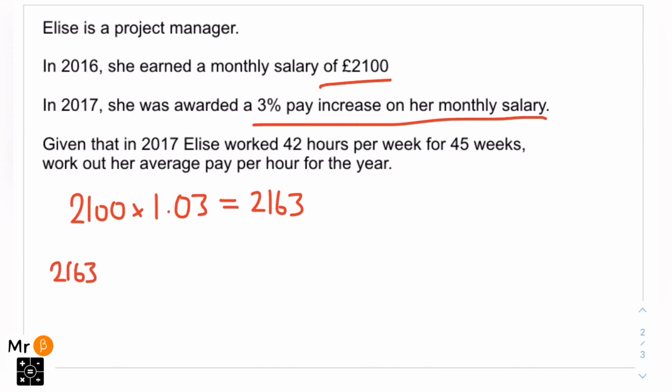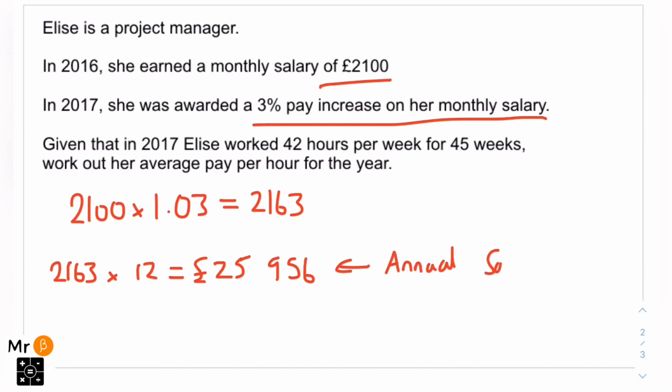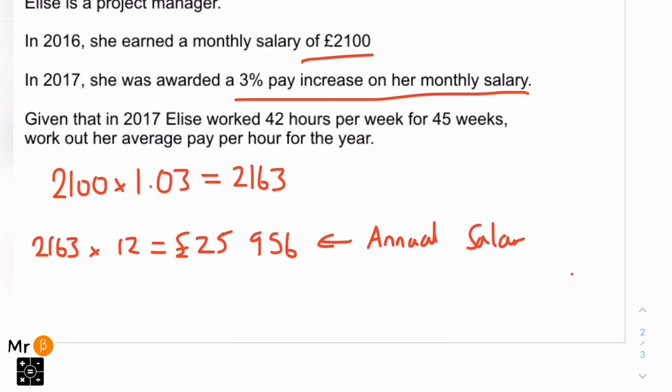We know that there are 12 months in the year, so her annual salary would be this 2,163 times by 12. That gives us a total of 25,956. So that is her annual salary.